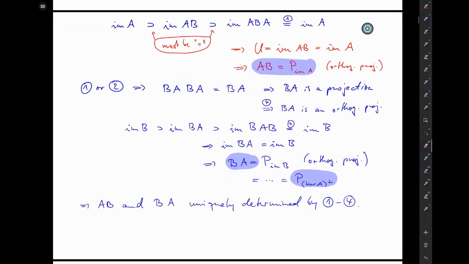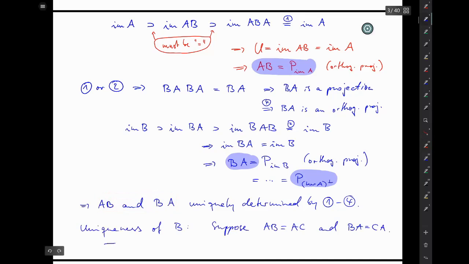And now it remains to show that from these two it follows that also B is uniquely determined. So suppose C is doing the same job. And then we can make the following conclusion. So B is just BAB by our second property. And now we start to exchange B's for C's, and we start here because AB equals AC by this condition here.